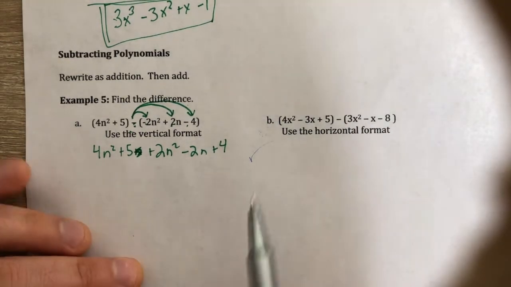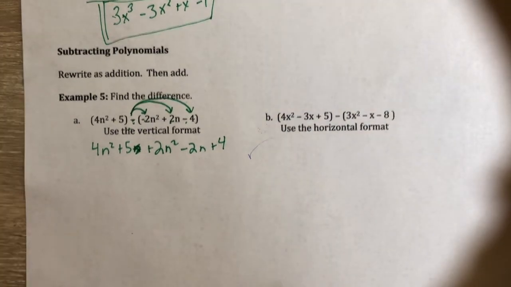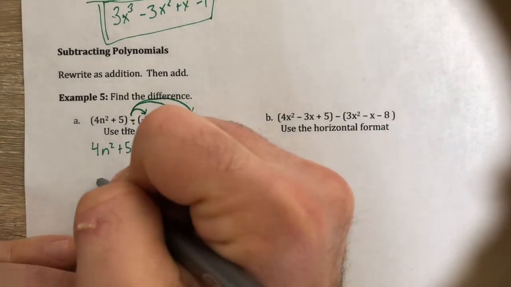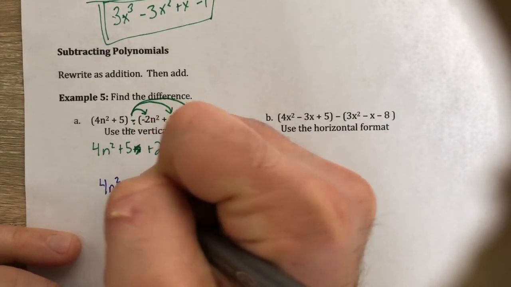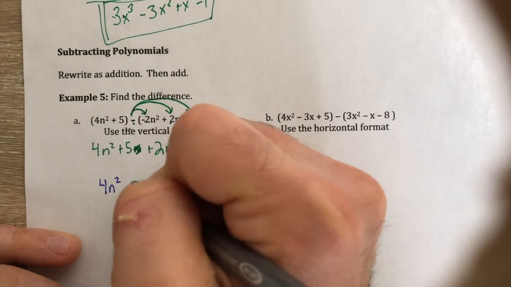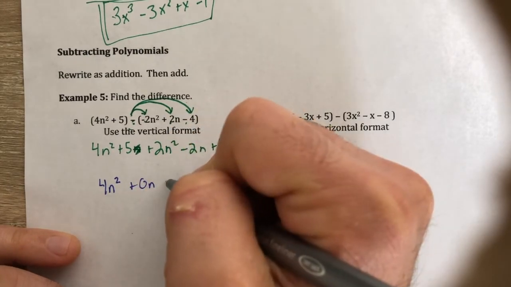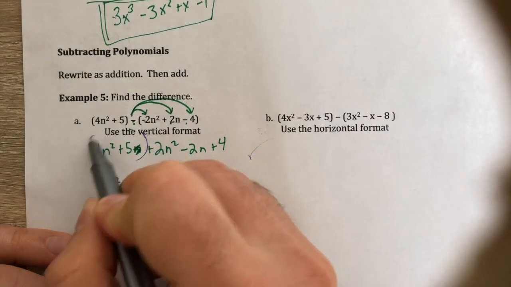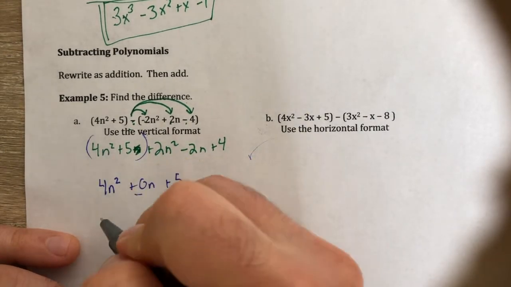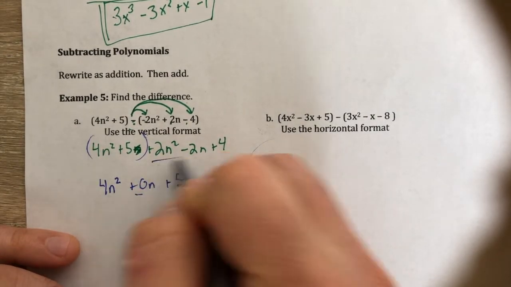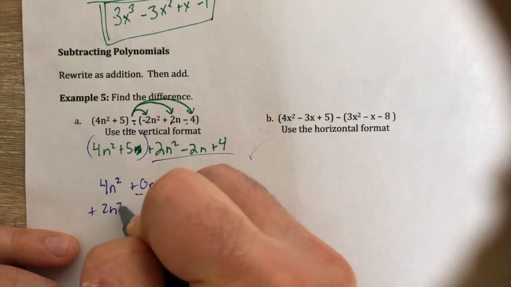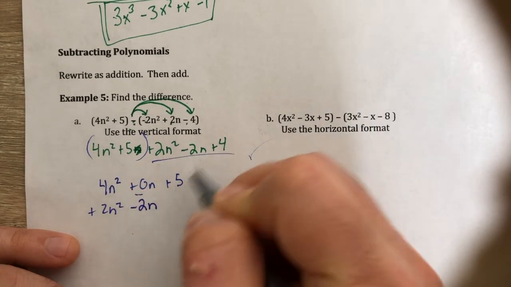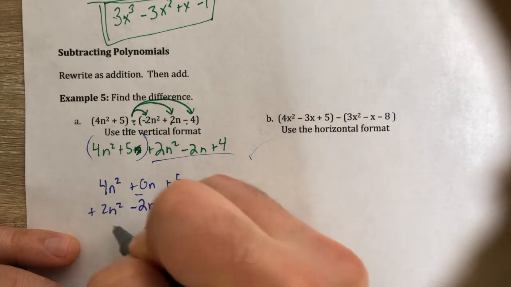Okay, so now that I have distributed that negative, I can use the vertical method, which means I'm going to line up my terms. I have 4n squared plus 0n plus 5. Again, I'm just using a placeholder in that first term, noting that there was no n term. And I'm going to add to that the second term, plus 2n squared minus 2n plus 4.